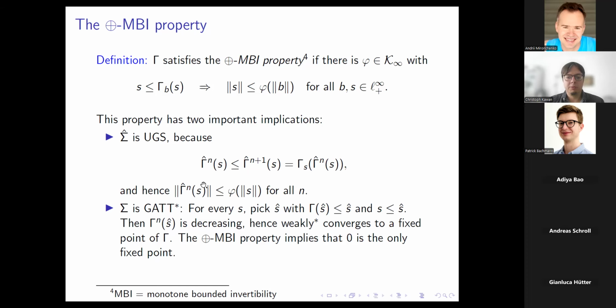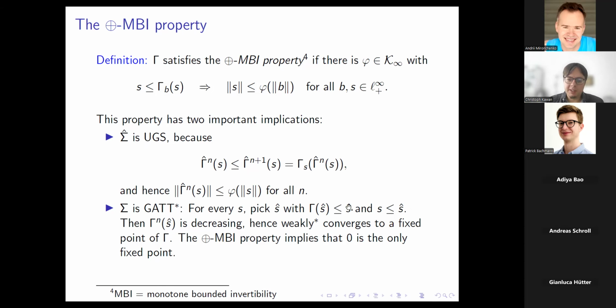So we can prove this very easily. Second implication, the system which is generated by the gain operator gamma itself will be globally attractive in the weak star topology. Why is that? For every S in the cone, we can find an S hat, which is a point of decay of gamma and which is bigger than or equal to S. This is because of the first property, actually.